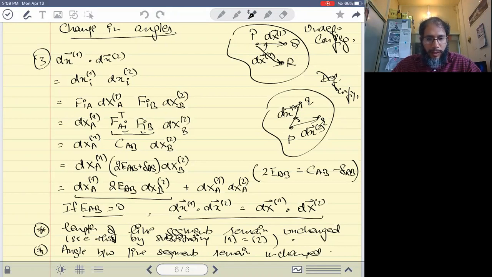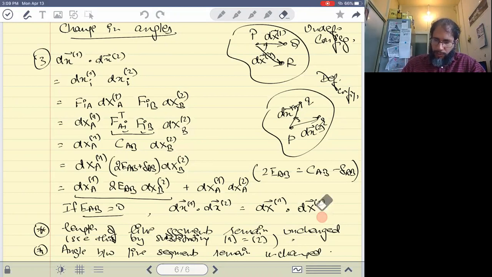So it's very interesting. So what we have seen is that if EAB is equal to 0, then the length of line segments which are being drawn from point P outwards are the same, and the angles between any two line segments drawn from point P are also the same. Now, if this is the case for all the points in the configuration, what do we see?